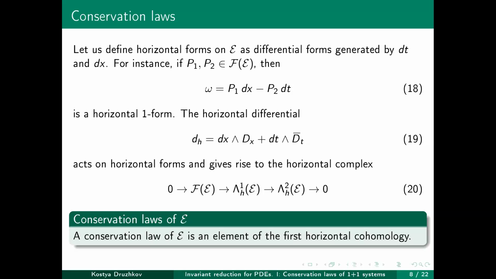All differentials here are horizontal differentials. And we can define conservation laws of epsilon as elements of the first cohomology group of this complex. So they are horizontal one forms that are closed, horizontally closed, but we consider them modulo exact horizontal one forms, the horizontal differentials of functions.